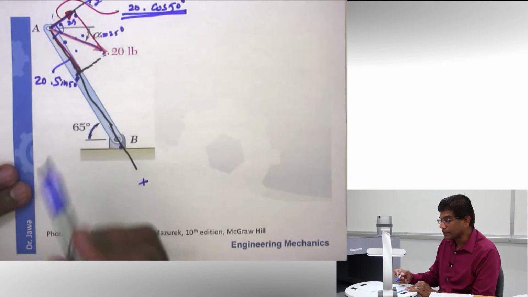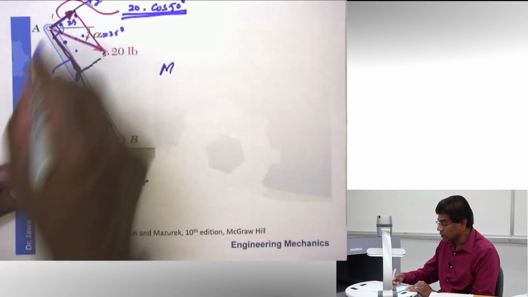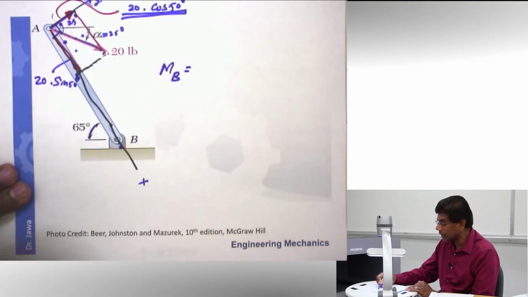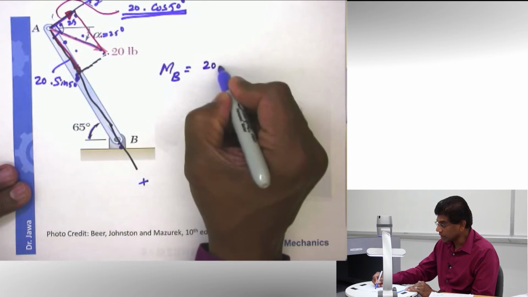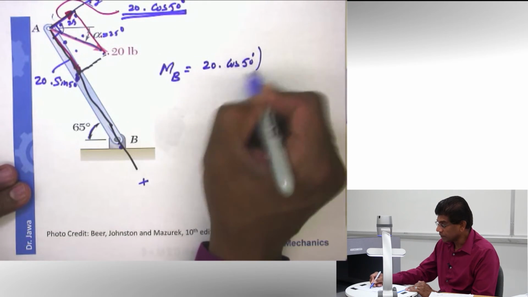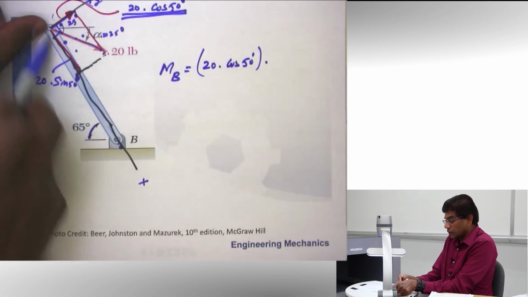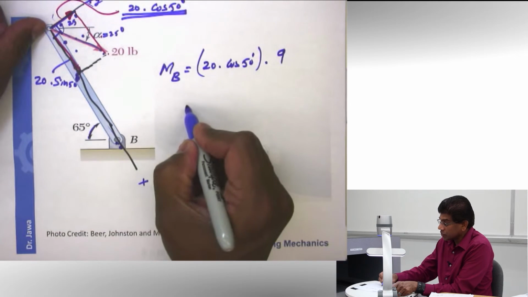That means the only component of moment is due to that force, and therefore the moment of this 20-pound force about point B would be equal to force, which in this case is 20 cosine 50 degrees, times the perpendicular distance, and the perpendicular distance is from here to here, which is AB, and you know that's equal to 9 inches.